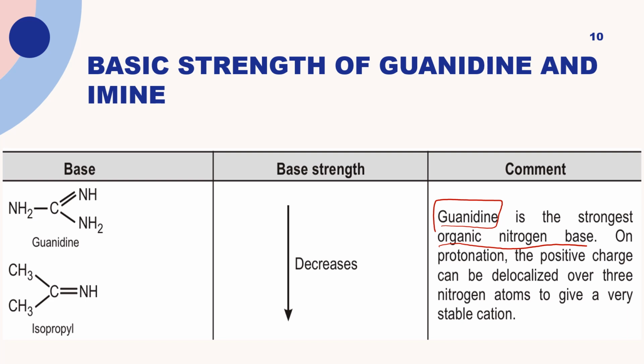Guanidine is the strongest organic nitrogen base because when this nitrogen atom donates its electron to H plus ion, it will convert into NH2, C, NH2, positive charge and NH2.